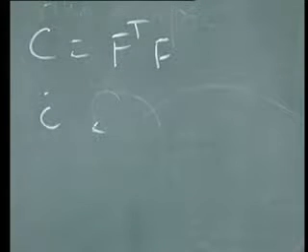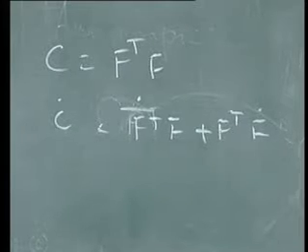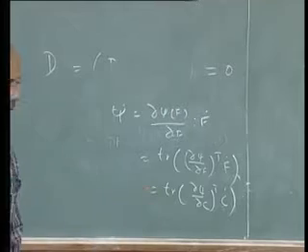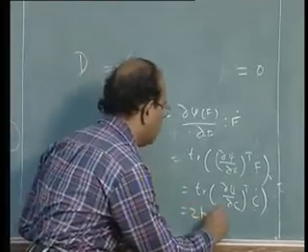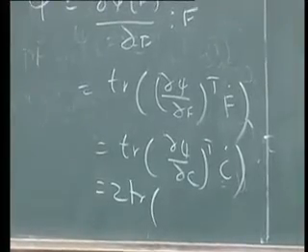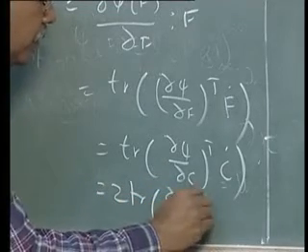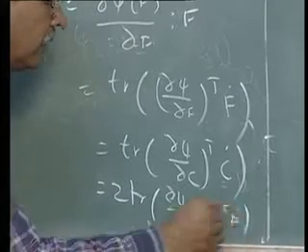This is equal to, so substituting that C dot into this expression and noting that C is symmetric, we can write down the equation here to be equal to 2 times trace of dou psi by dou C transpose F transpose F dot.